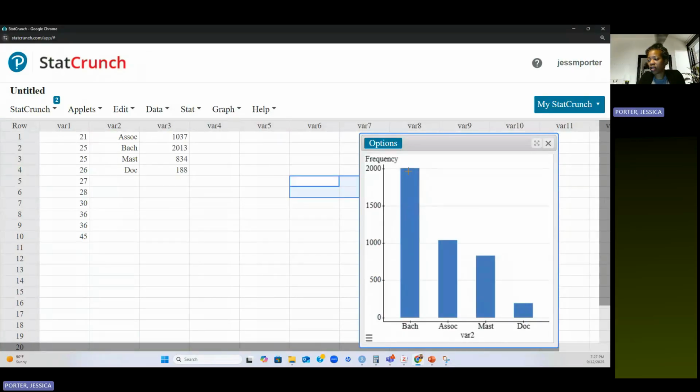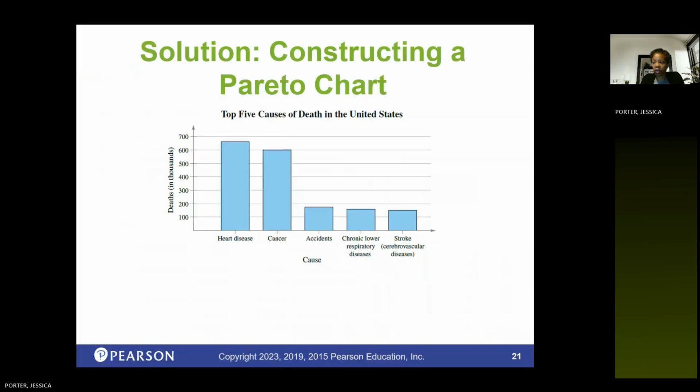So bachelor's is first, associates, master's, and then doctoral. So a Pareto chart is like a bar graph, or in StatCrunch, they call it a bar plot. It's like a bar graph where the bars are in descending order.